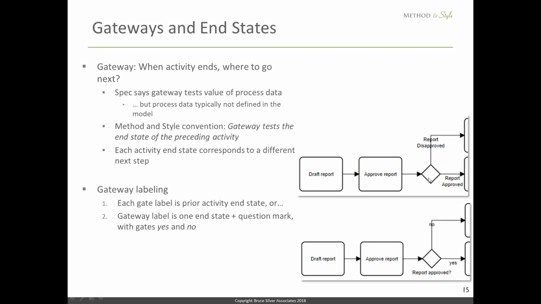And as determined by some logic. Now the BPMN spec says that the gateway makes that choice by evaluating some bit of process data known to the process at that point. There's only one problem with that. Process data is typically not part of the process model.